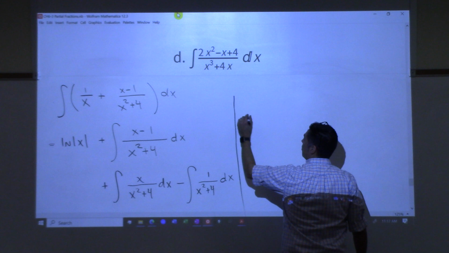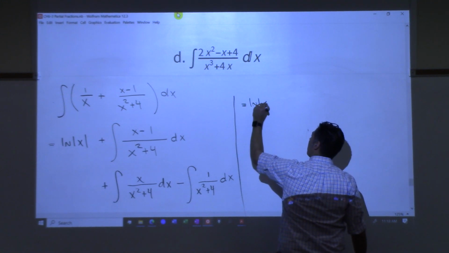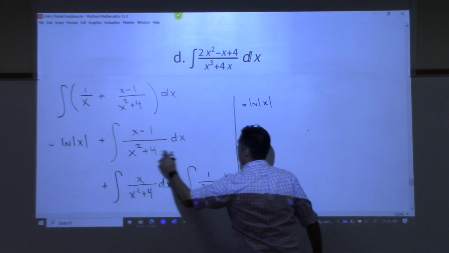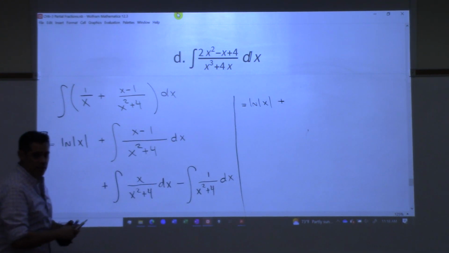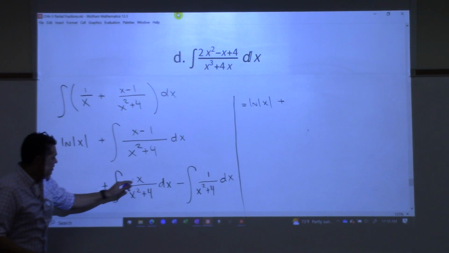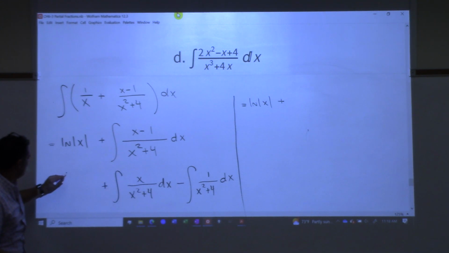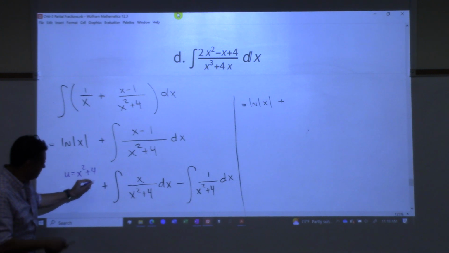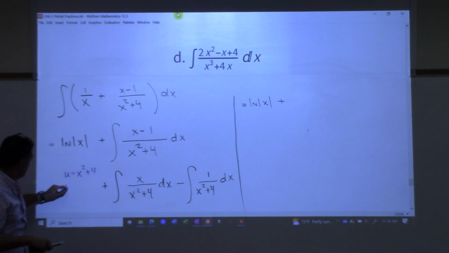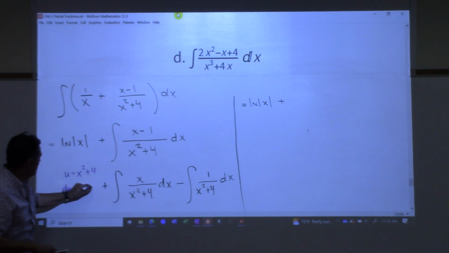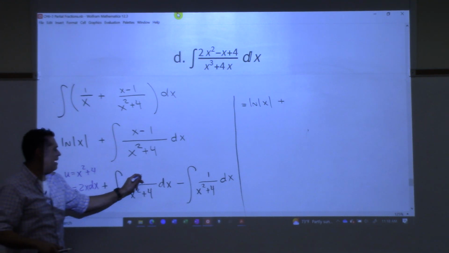All right, so here's where we are. We have natural log absolute value of x. That's the first one. Plus, all right, this right here, I'm going to do very quickly. This would be a U sub. U would be the x squared plus 4 in the denominator. The derivative of that would be 2x dx, which we have x dx, right?